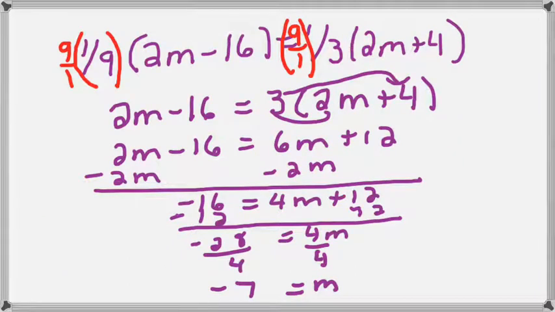One of the things I want you to notice is that I did not start by distributing this time. Instead, I started by getting rid of these fractions because fractions are a pain to work with. Remember that any time you multiply a fraction times its reciprocal, you get 1.